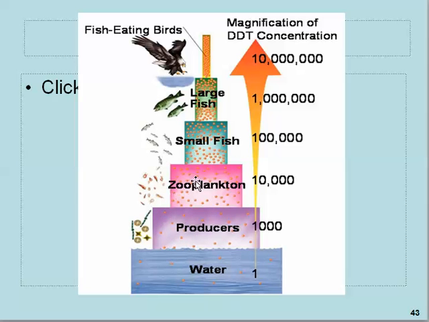The biomass is reduced through the food chain. The numbers of organisms reduce through the food chain, but it's just the opposite with things like mercury, or in this case, this is representing DDT. Instead of being dissipated, just the opposite. The concentrations are magnified as you move up through the food chain to very toxic levels.